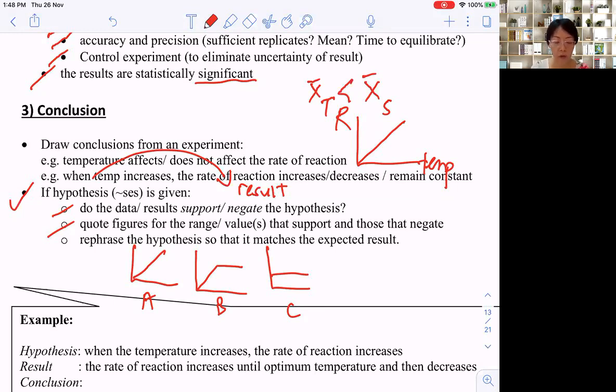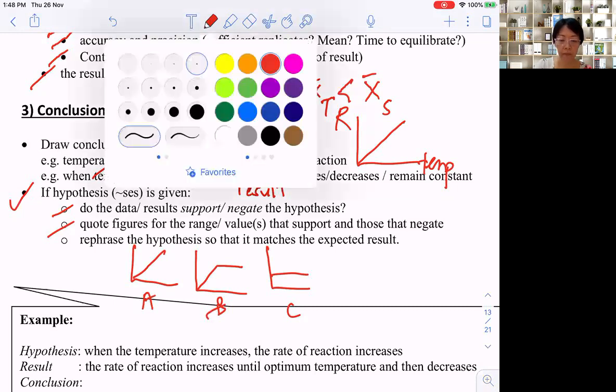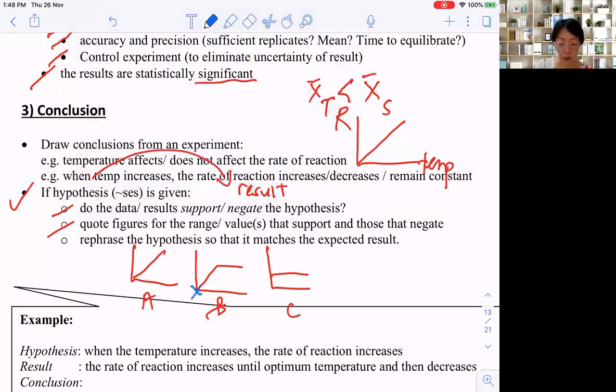Okay? But if your result is case B, part of your data support the hypothesis, part of your data negate the hypothesis. So you need to say that, okay, for the temperature between this temperature to this temperature here, the data support the hypothesis, all right? But for the temperature T2 to T3, the data negate the hypothesis.